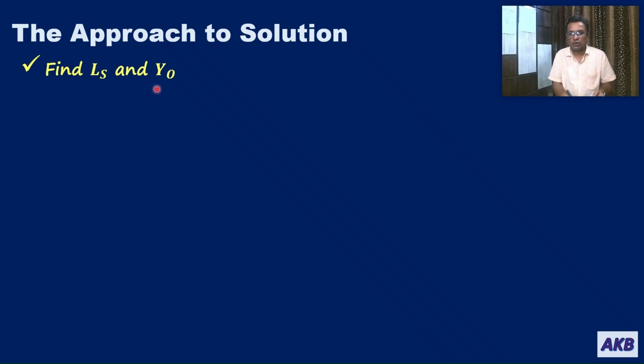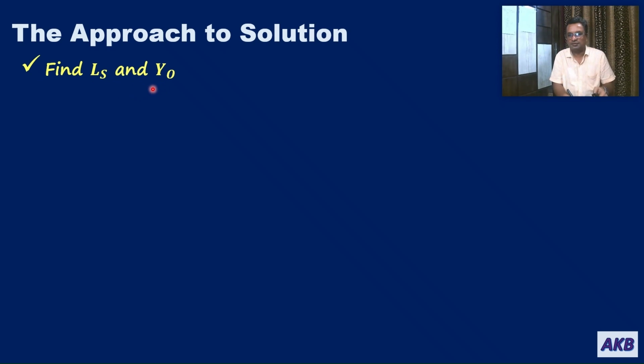And what is Y0? Y0 is weight fraction of acetone in the mixture with air initially on a solute free basis, capital Y0. So first step, we will be getting LS and capital Y0.